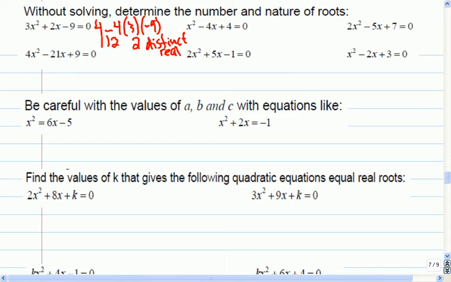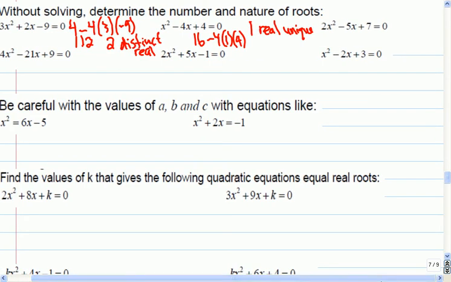Okay, for this one here, it's going to be 16 minus 4 times 1 times 4. So there's going to be 1 real and unique root. 25 minus 4 times 2 times 7 means I'm going to have negative 31. So this is going to have 2 imaginary solutions.